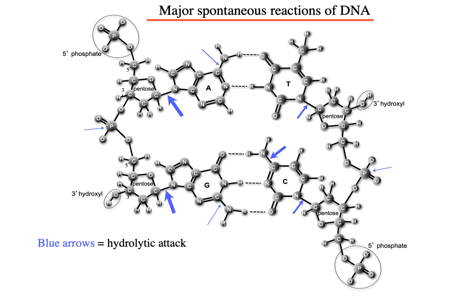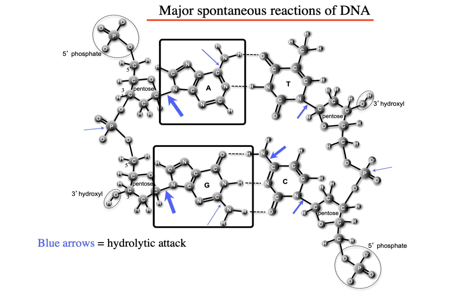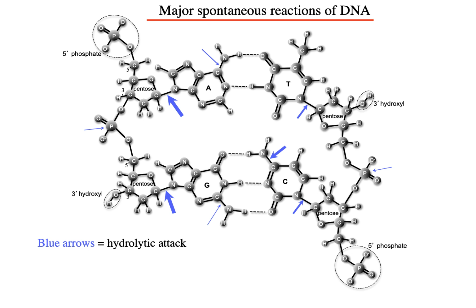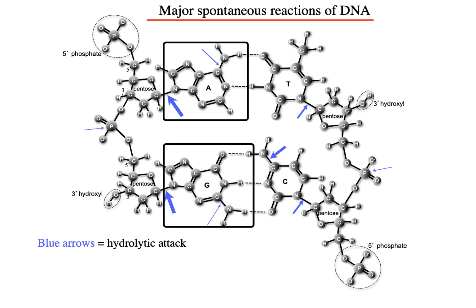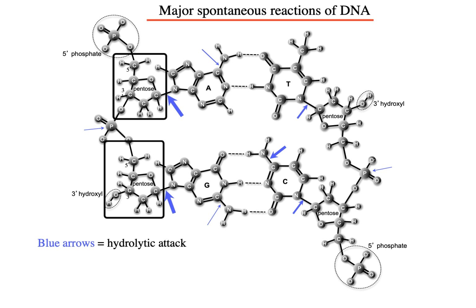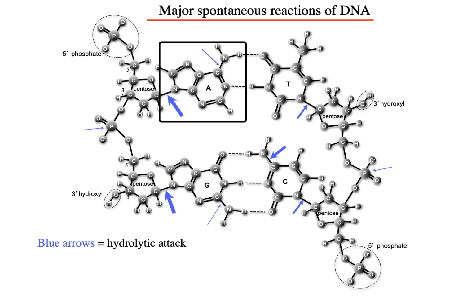Under acid conditions is one of the ways that you get hydrolytic attack, and it's primarily cutting off the purines. So you have apurinic sites, apurinic nucleotides. So here's a DNA chain, and a hydrolytic attack on this glycosidic bond, which is the bond between the base and the sugar, would remove that adenine.